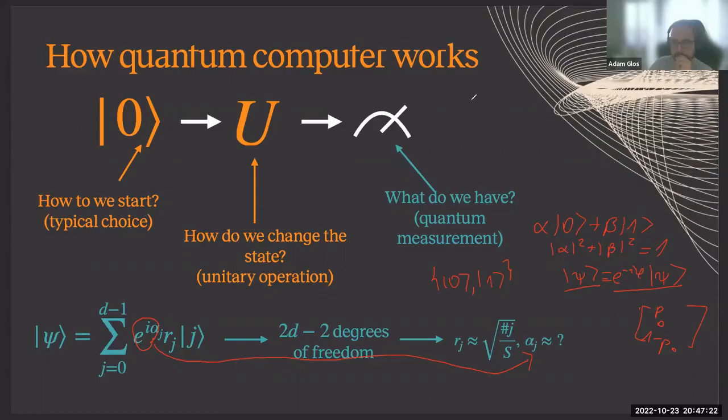By changing the basis. For example, imagine that we have a measurement device C, then the probability of measuring 0 is equal to this. But this 0 can be replaced with a completely arbitrary state. For example, it can be replaced with the plus state, which is the equal superposition of 0 and 1. We can also consider the minus state.